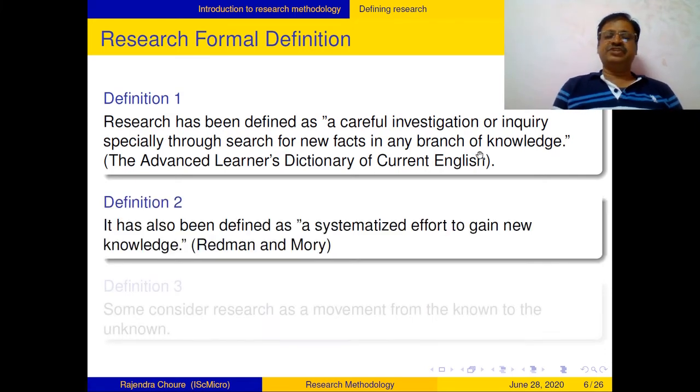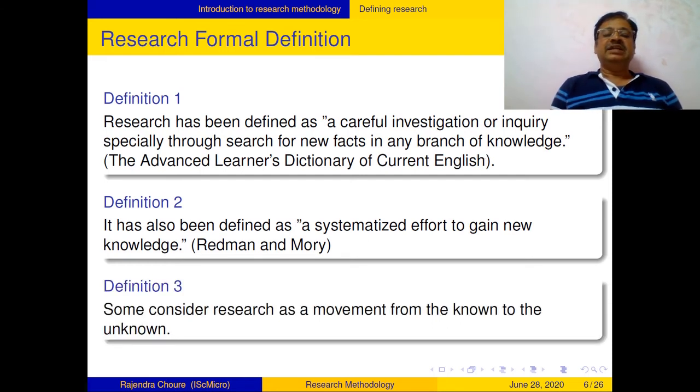Then the second definition says that it's a systematized effort to gain new knowledge. This definition is by Redman and Mory. Then the third definition is research is a movement from the known to the unknown. In the third definition, we have the previous knowledge and research will take it further to know the unknown thing.